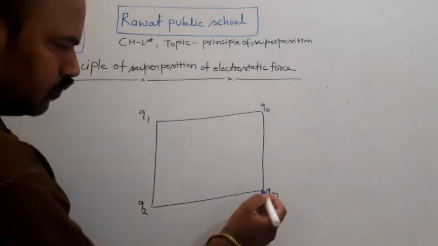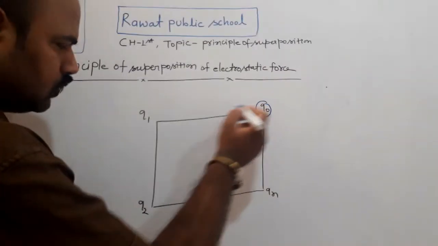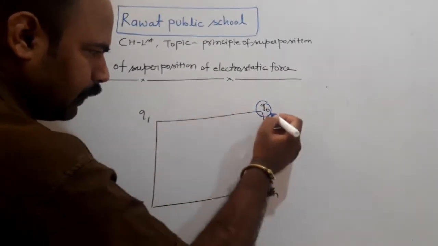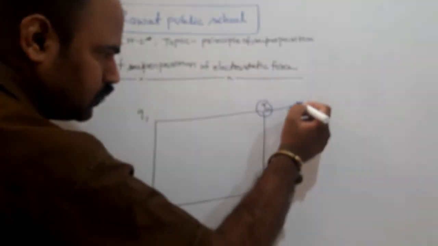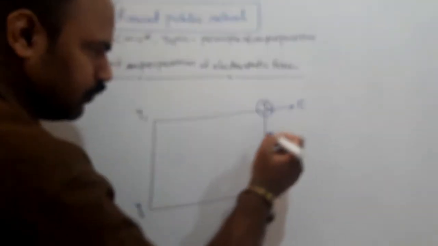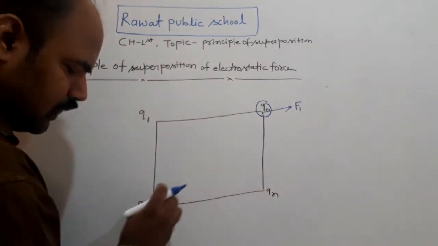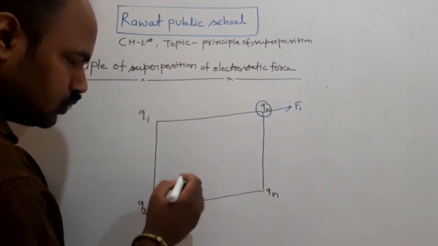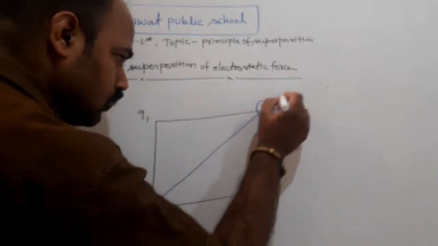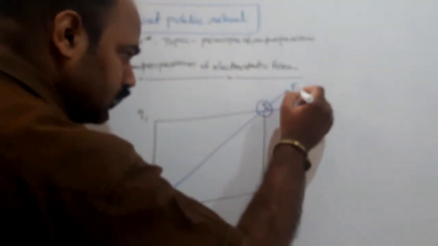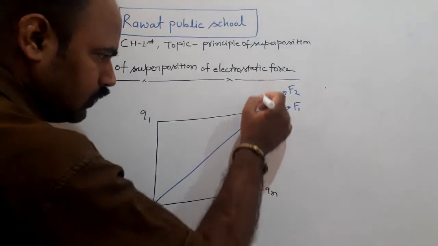Now we have to find the net force on this charge Q0. Here charge Q1 repels charge Q0, applying force F1. Here all charges are positive. Q2 also repels Q0, that is F2. Qn also repels, that is Fn.